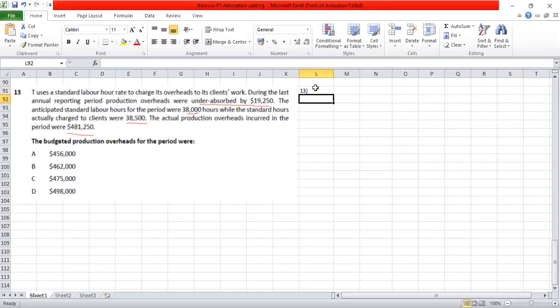13th question. Actual overheads incurred are 481,250. They have under absorbed by 19,250.